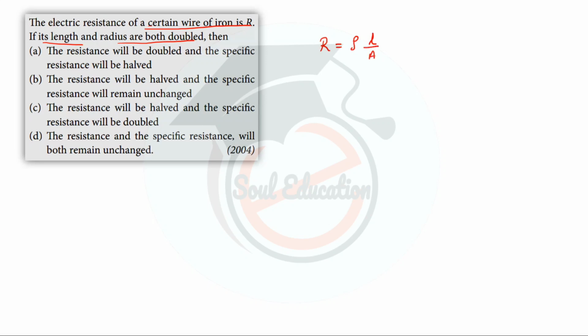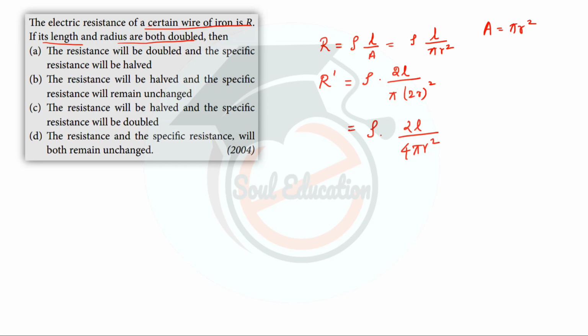Now my second case: R dash is equal to rho into L, where length is doubled to 2L, and my area of cross section, a circular cross section, is pi R square. So this formula can be written as rho L upon pi R square. Here R is doubled, so 2R the whole square, correct? My radius is doubled. Now what about my R dash? Rho into 2L upon 4 pi R square.